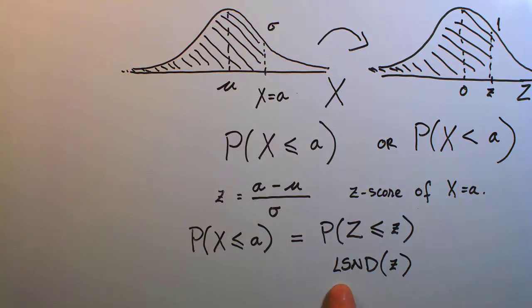Now, LSND is only my program that I wrote, and recall from the other video lessons I discussed about the LSND. Its only intent is to find the area to the left on any standard normal distribution of a specific given z-score. And so you don't have to use this program of mine.